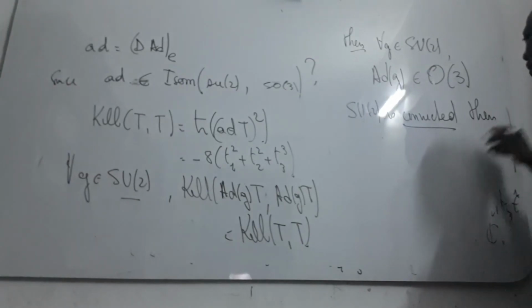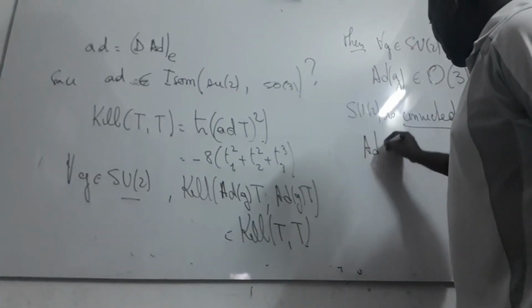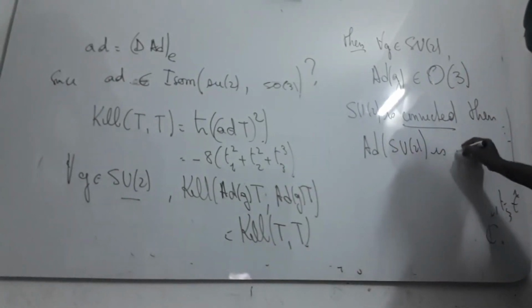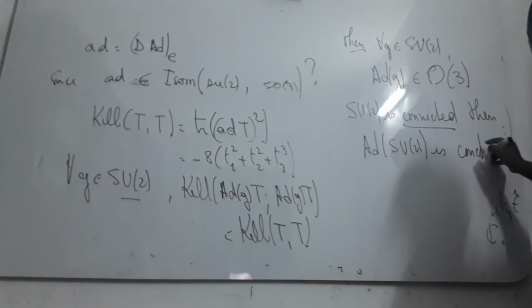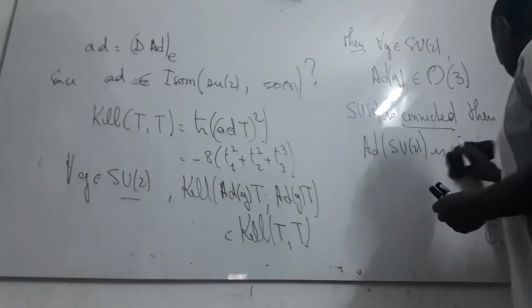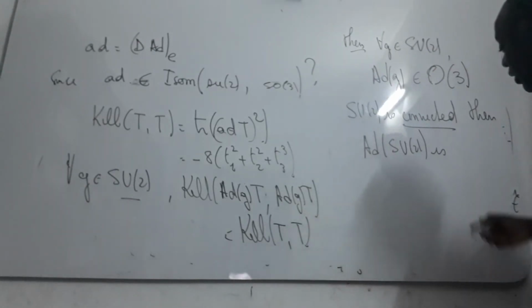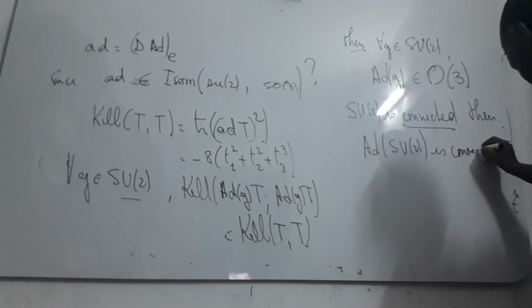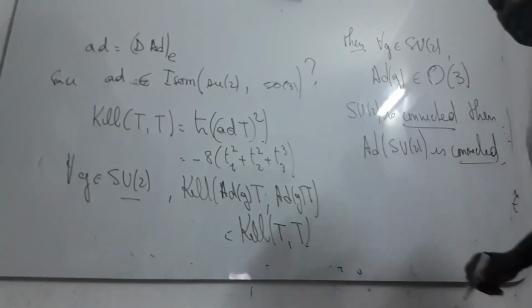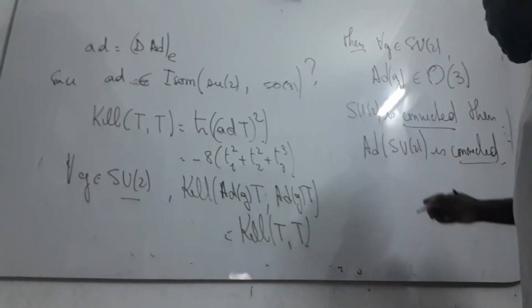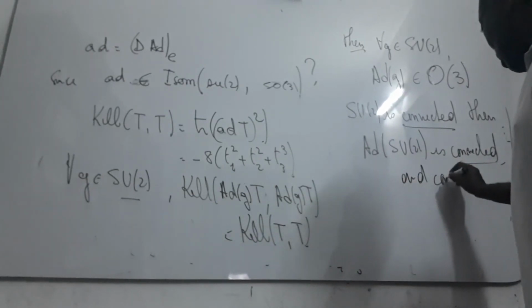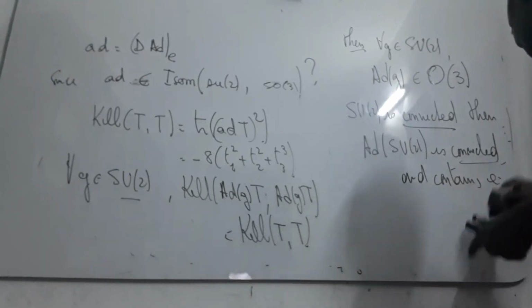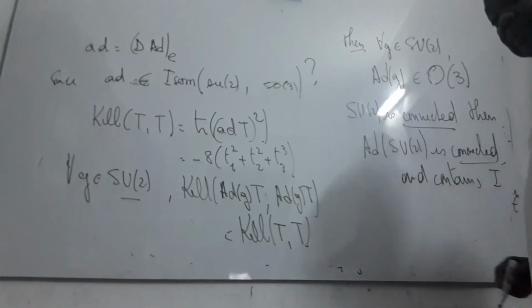Then the adjoint of SU2 is also connected, because the adjoint is a homomorphism of Lie groups, and the image of a connected group is connected. It also contains the unique identity element E like this.